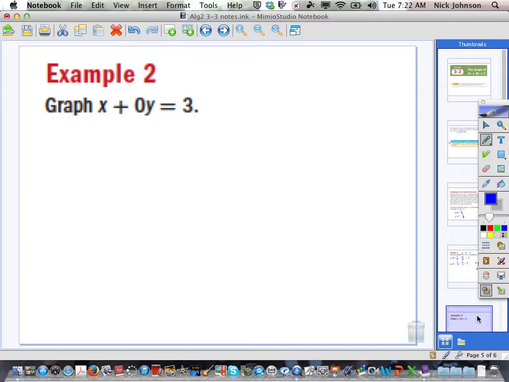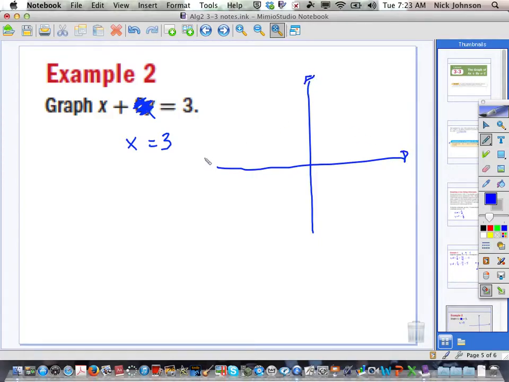Moving along, example 2. Graph x plus 0y is equal to 3. Well, if I have 0 times anything, that's just 0, correct? So that's like saying x equals 3. If I have a linear equation of x equals 3, what that means is I have a vertical line at 3.